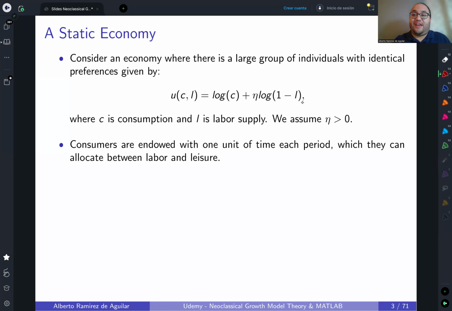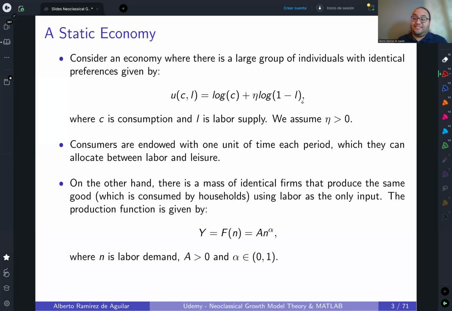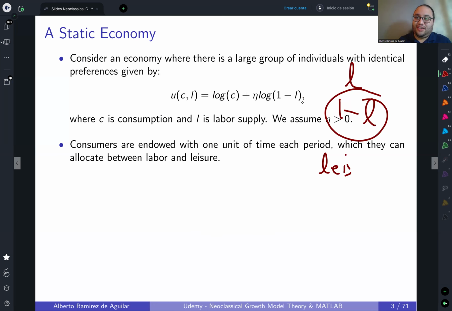Okay. So if L is capturing labor, 1 minus L is going to be capturing leisure. And we can see that the utility function is increasing in leisure because 1 minus L is leisure. So higher leisure is going to make the individual happier. Now, that's the household problem. Okay. In the following slides, I will describe the household problem in more detail.